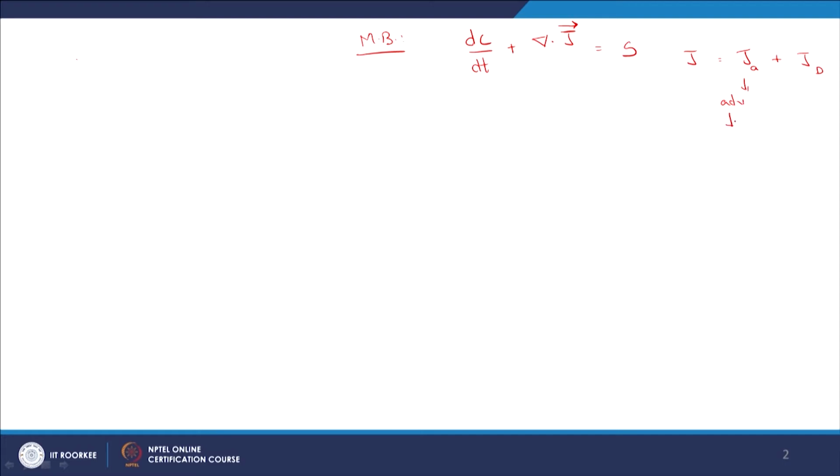Advection is when you have net fluid flow in one direction, or in any direction, right, we talked about that. And this is the flux due to diffusion, in general driven by concentration gradient.